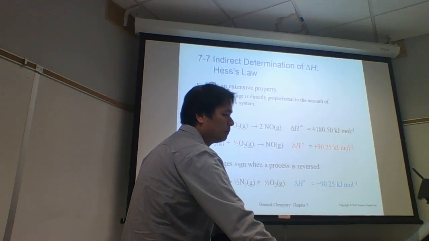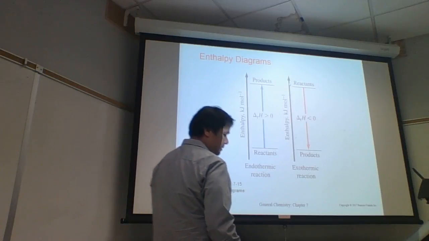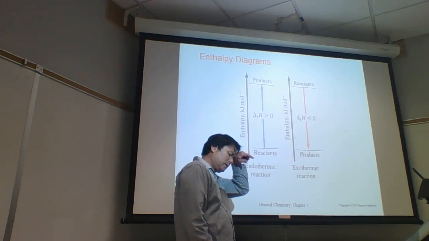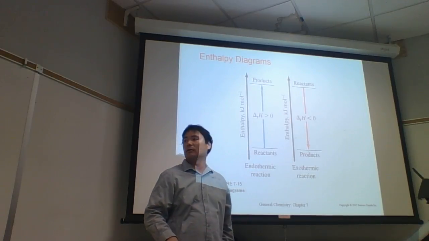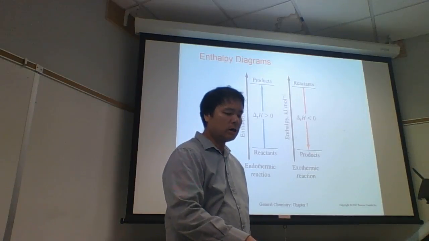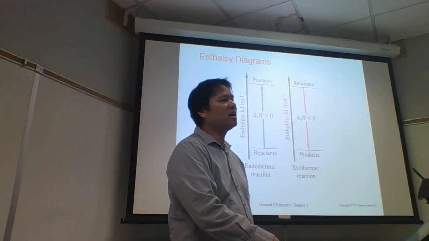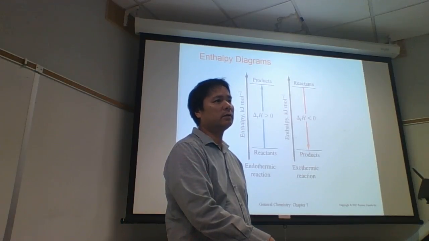Now, it depends. How do we determine delta H? Well, delta H we do using coffee cup calorimetry, because coffee cup calorimetry is at a constant pressure. But there are some reactions you cannot do in a coffee cup, or something similar.